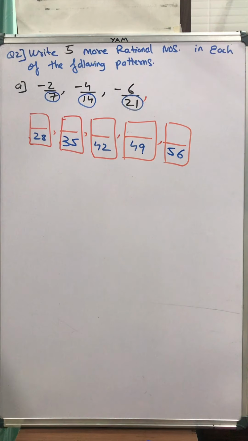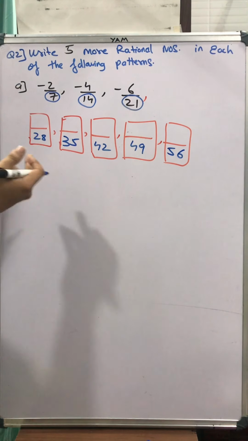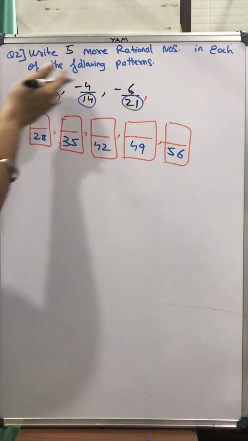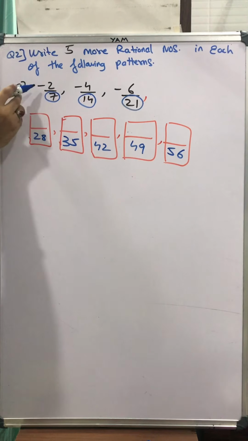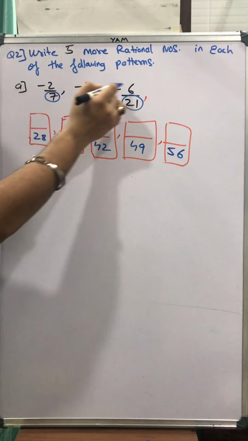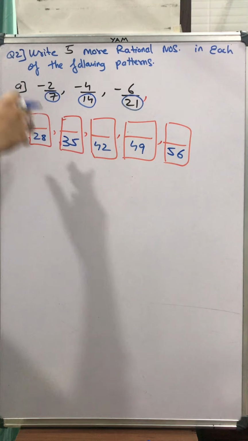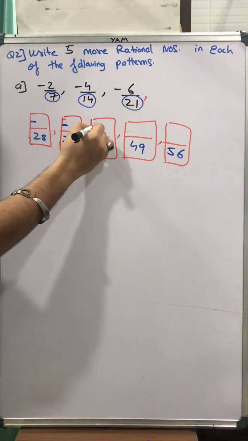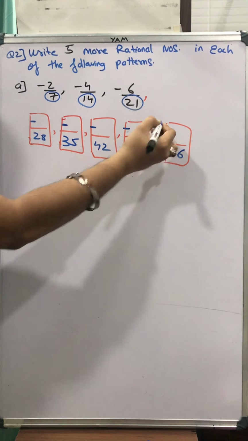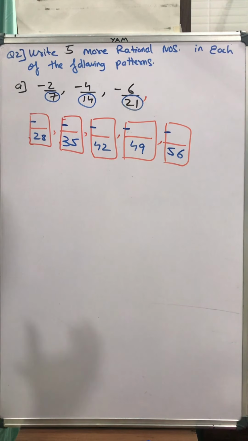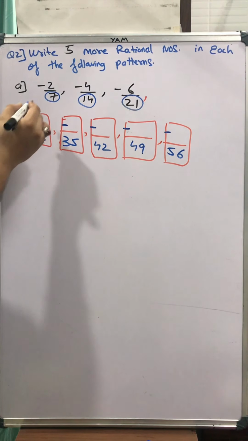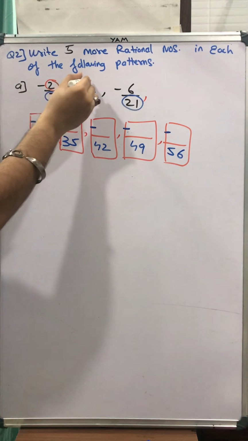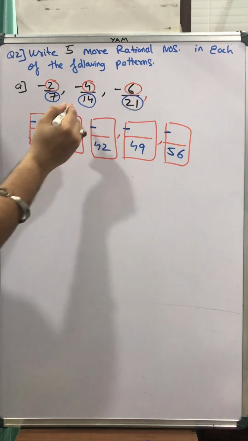Great. One more thing, if I observe carefully, in the 3 elements of the pattern given to us, there is a minus sign on all the numerators. So that means this entire sequence is negative: minus sign, minus sign, minus sign, minus sign, minus sign. Then in the numerators I have 2, 4, 6.